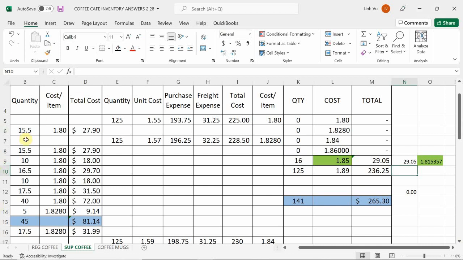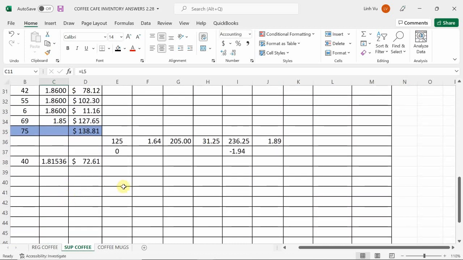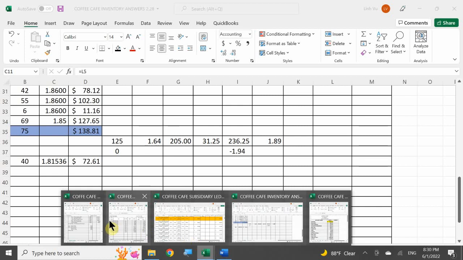So my cost of goods sold for my Supreme coffee was $72.61.